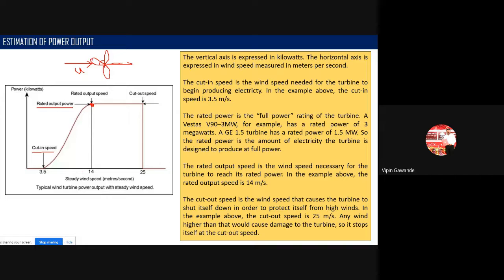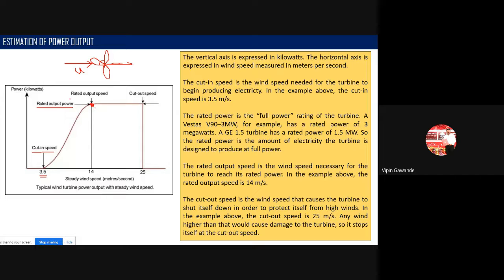The blades of the wind turbine start rotating at a velocity of 3.5 meters per second, and that speed is called the cut-in speed. The power starts increasing and reaches a maximum value, called the rated output power.